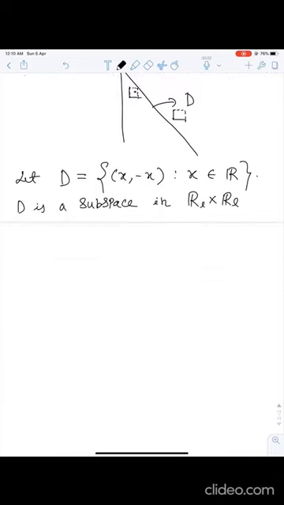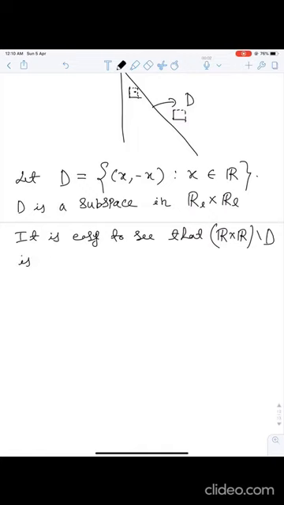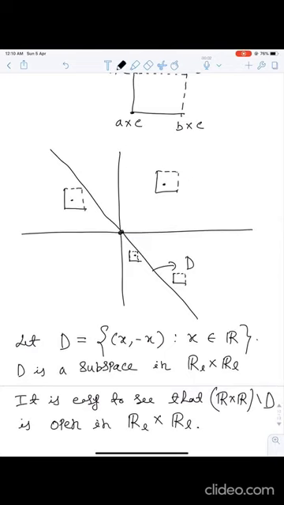So it is easy to see that R cross R minus D is open. Open where? In RL cross RL, right?